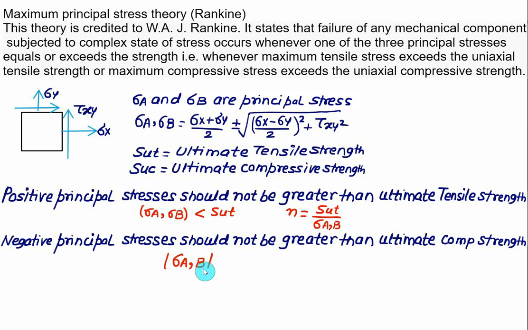This value must be less than or equal to the ultimate compressive strength, SUC. In that case, we calculate the factor of safety N equal to strength, this time SUC, divided by stress. So you have to take the absolute value of either sigma A or sigma B.